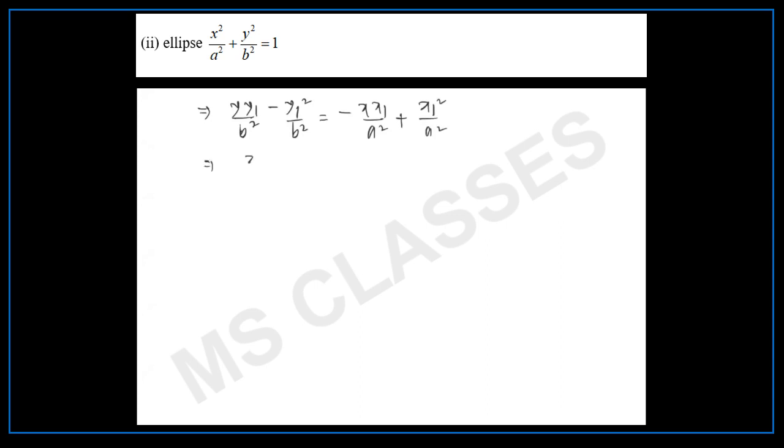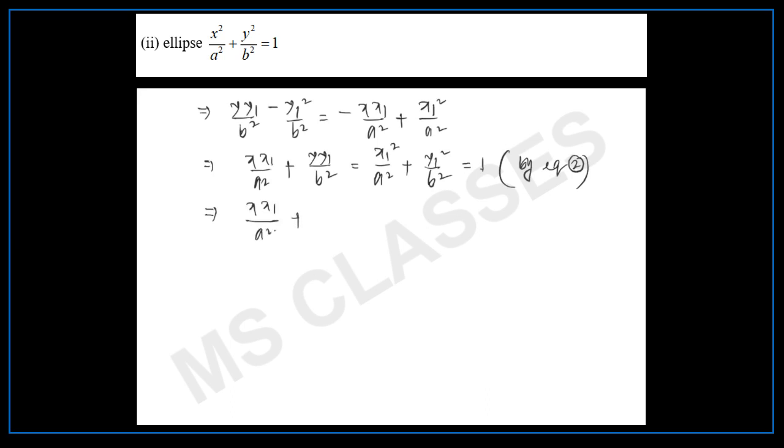So we get here x1 by a square plus y1 by b square equal to x1 square by a square plus y1 square by b square, since the point of contact by equation 2. So ultimately we get the equation of tangent as x1 by a square plus y1 by b square equals to 1.